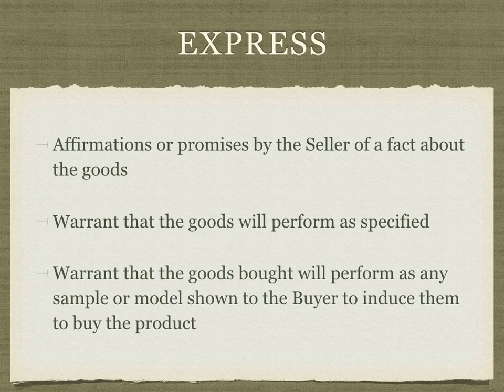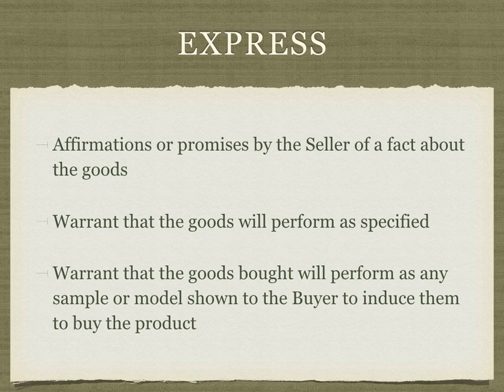So with regards to express warranties, the obvious example is I warrant that this good will work for 90 days as described, or I warrant that this good will work for your lifetime, as described in whatever documents I give you or however the salesperson describes it. They're statements of fact about the goods, but not statements of opinion or puffery. And so the textbook talks a little bit about the difference between them.